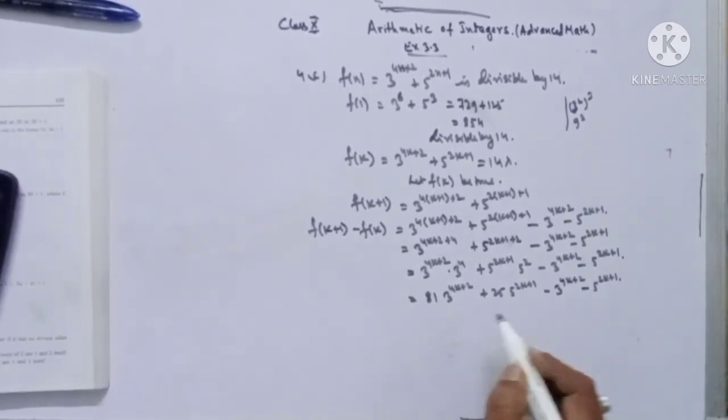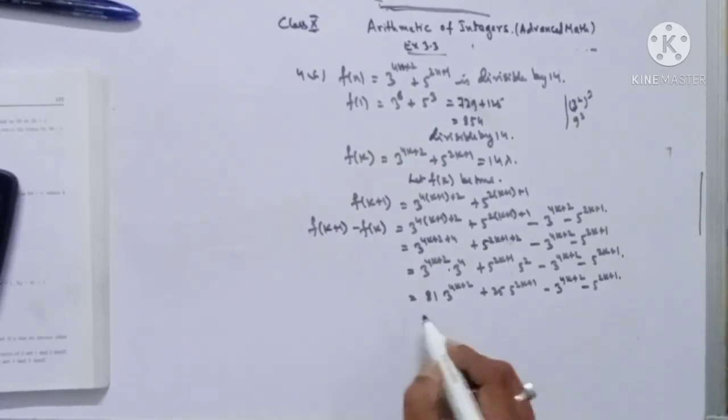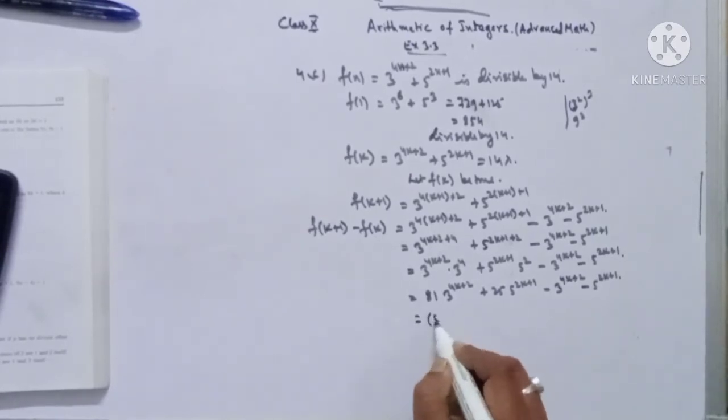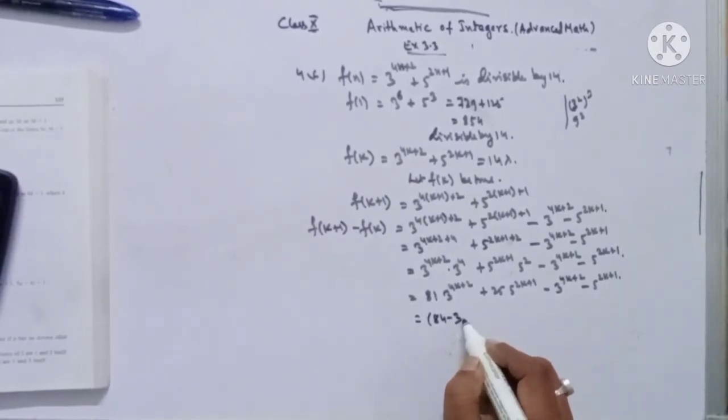We can make some adjustment. 14 twos are 28. If I take 28 minus this and this, let me try 84 minus 3.